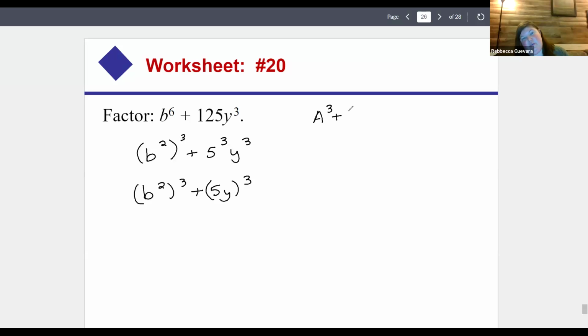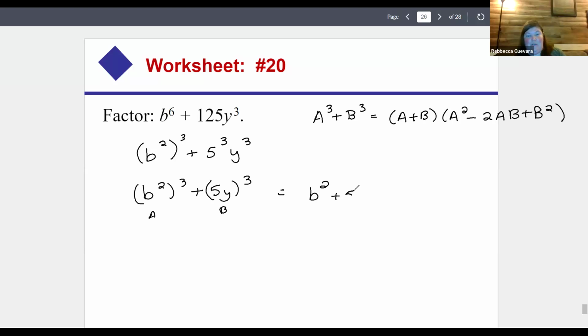So a cubed plus b cubed is a plus b times a squared minus ab plus b squared. So if we were to rewrite this, well, we would have the b squared, because this is going to be my a, this is going to be my b, plus 5y.